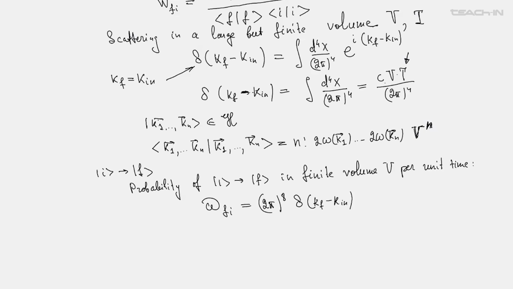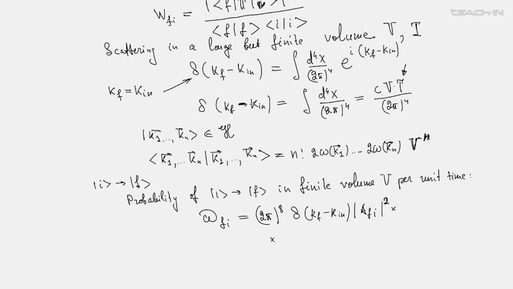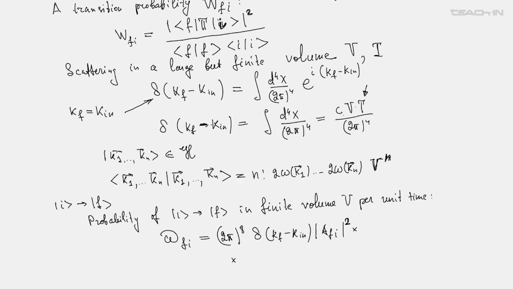Then there will be the modulus of the scattering amplitude squared, and then contributions from normalization factors, namely first from the second delta function, which is VT divided by (2 pi)^4, right?